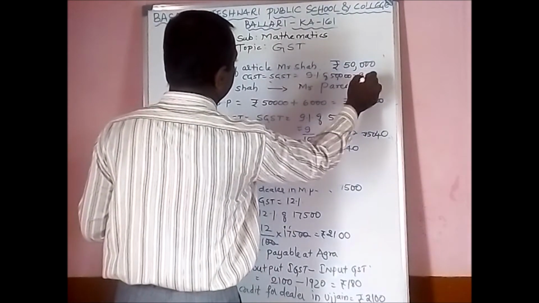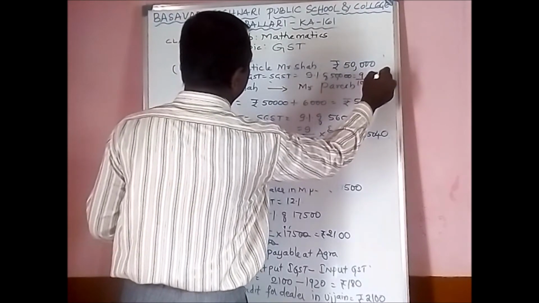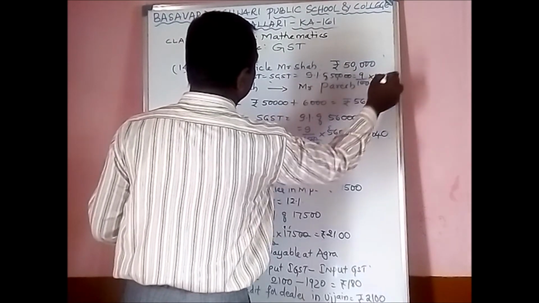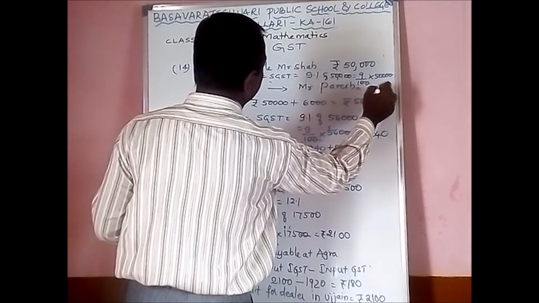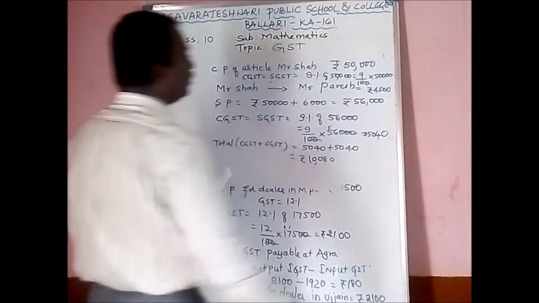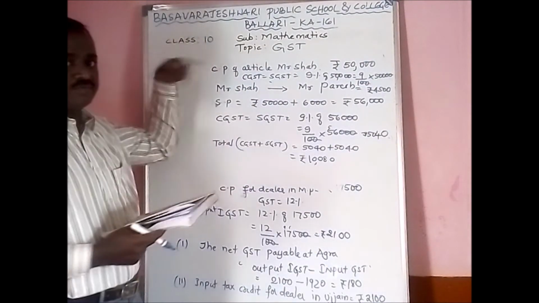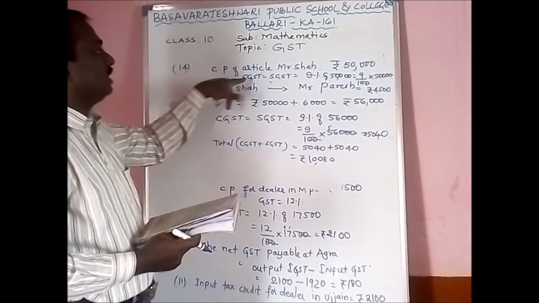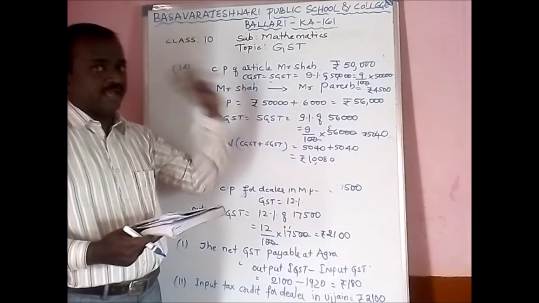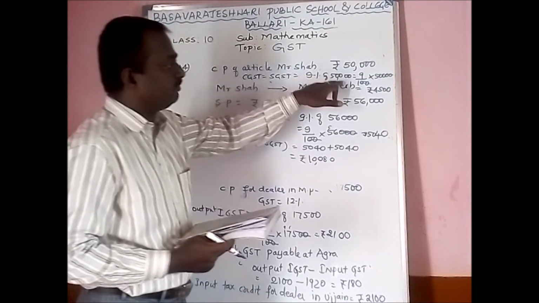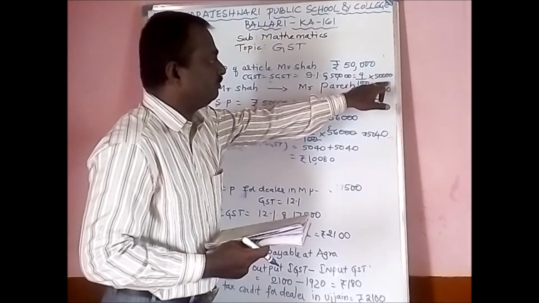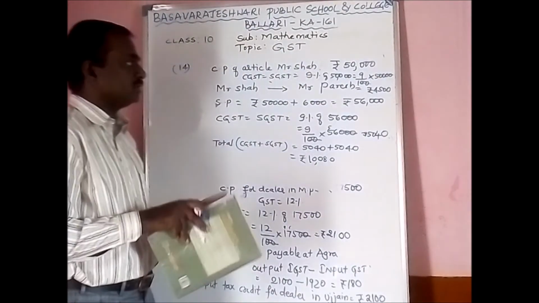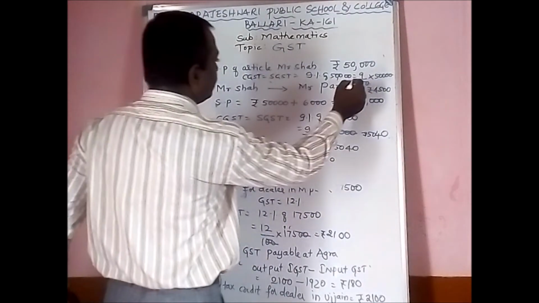That is 9 by 100 into 50,000. So zeros cancel, 4,500. Because he purchased the article from some other person, maybe a manufacturer. Correct? So therefore CGST and SGST also will be paid. So how much? 9% of 50,000, that is 4,500. Remember that. This point you have to remember.